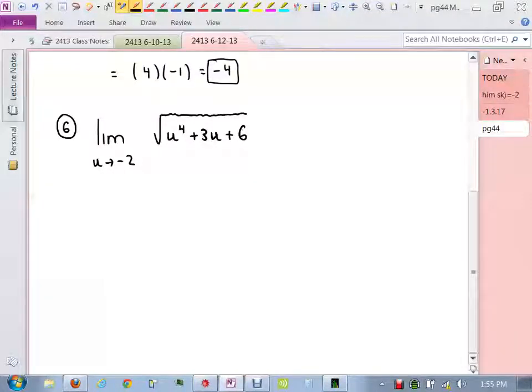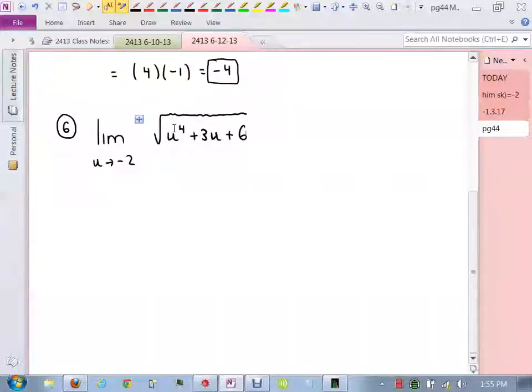So is this a polynomial function? Well, what's underneath the root is polynomial, right? But then you have a square root, so that's no longer technically a polynomial.